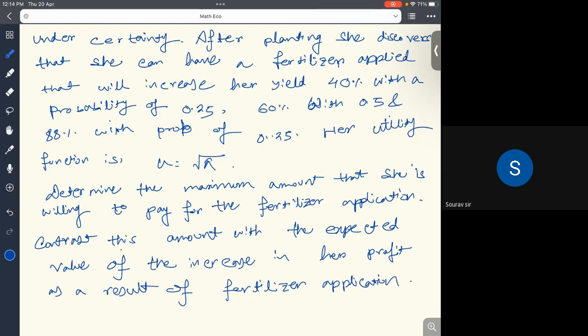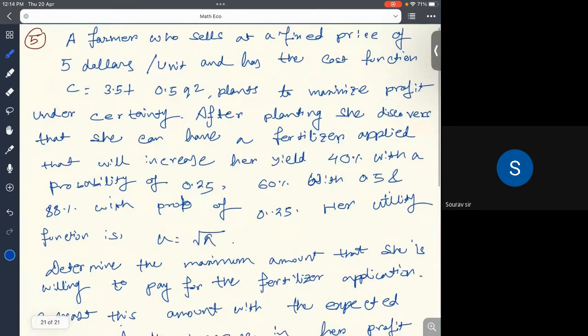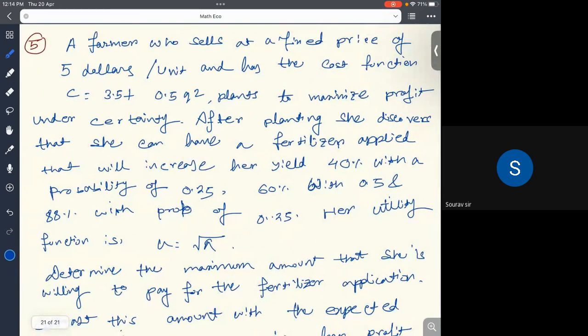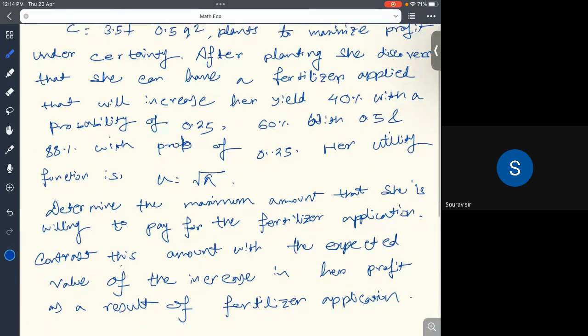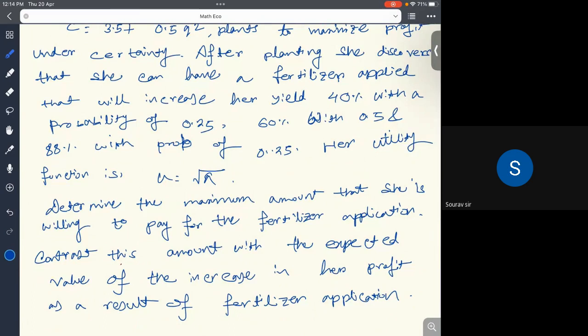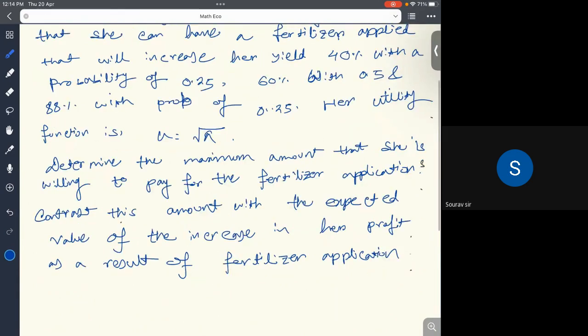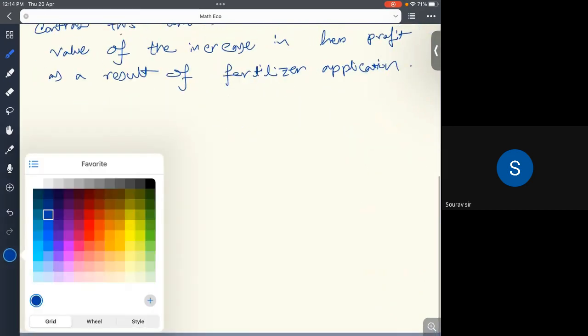Okay, so this is the entire question. They have given all the conditions and they have asked that we determine the maximum amount that she is willing to pay for fertilizer application. Now let's solve it.